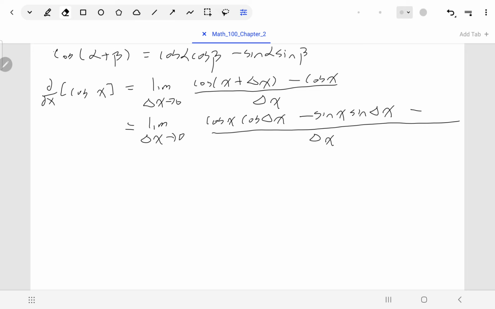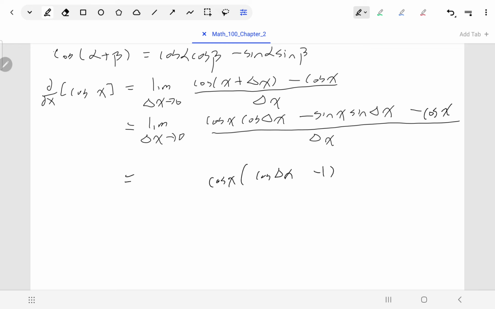I notice, same as before, that two terms have something in common: the first term has a cosine of x, and the last term has a cosine of x. If I factored cosine of x out, I would have a cosine of delta x and a minus 1 left behind.